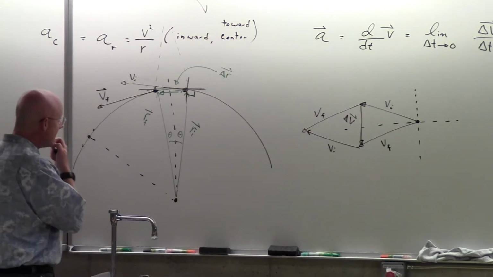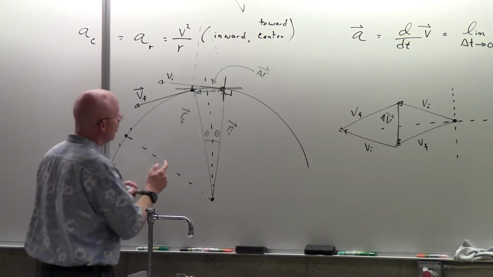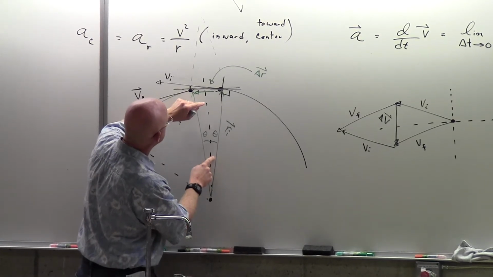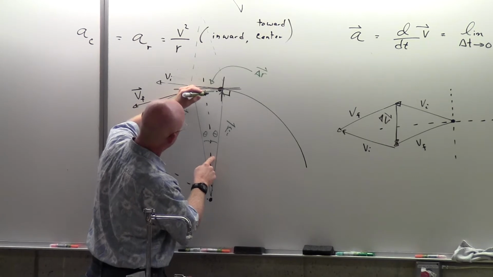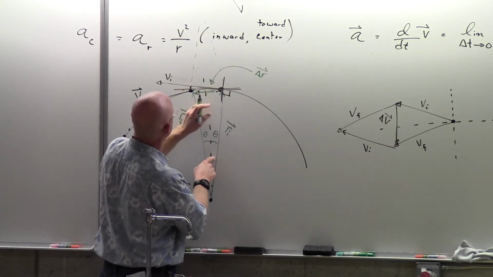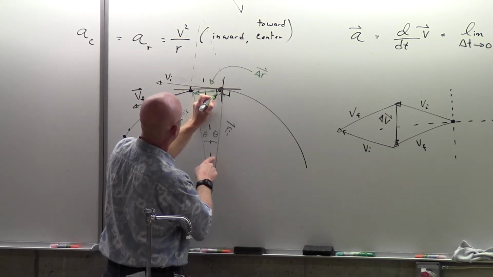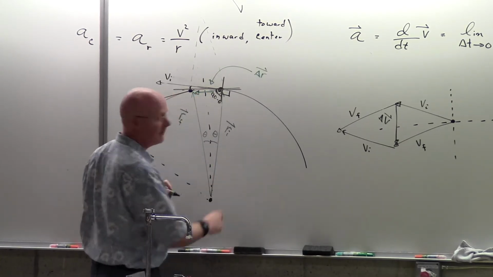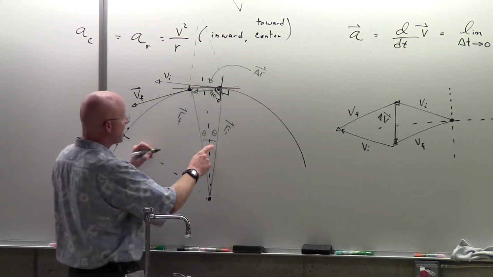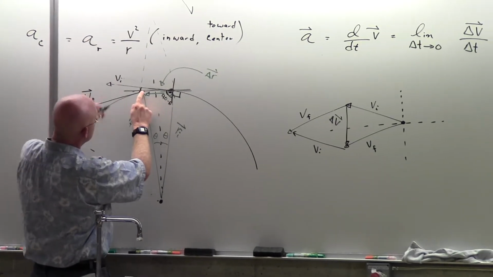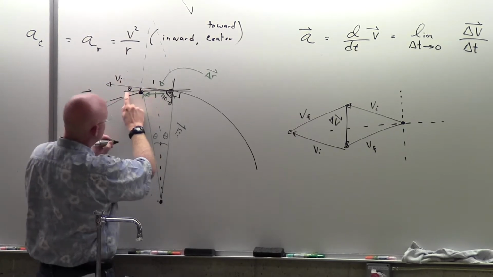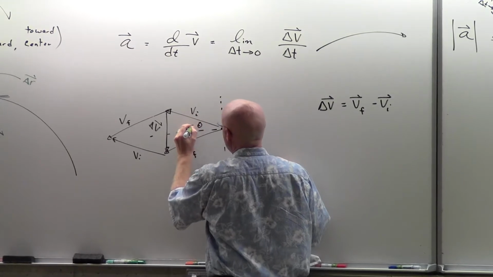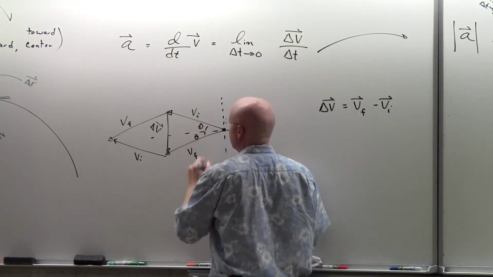This angle here, horizontal and in here, wouldn't that be 90 minus theta? If that's theta, that's the 90 minus theta, so this little tiny one in there must be theta, which is great, because that says that angle is theta and that angle is theta.